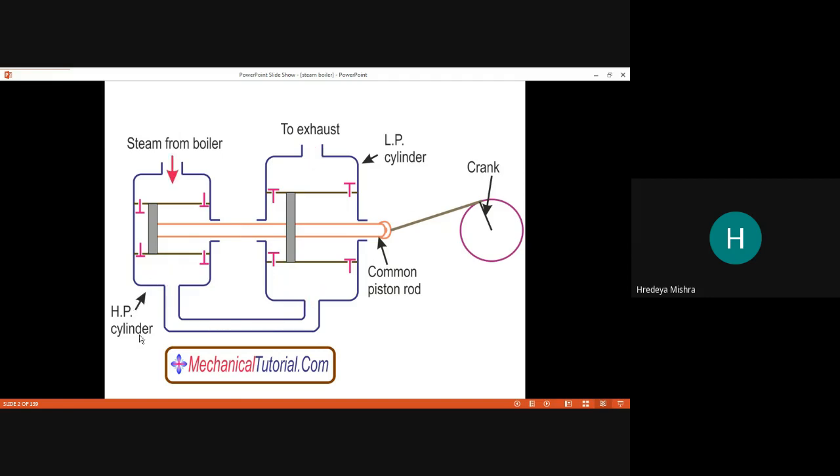Here is the high pressure cylinder and this is your low pressure cylinder assembly. So what happened? This is nothing but an air compressor assembly. By this assembly, you can see the steam increases its pressure.